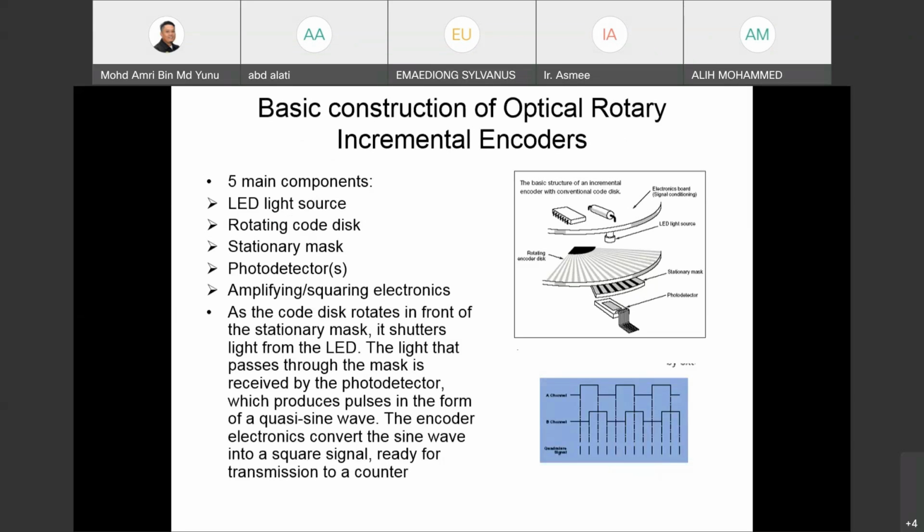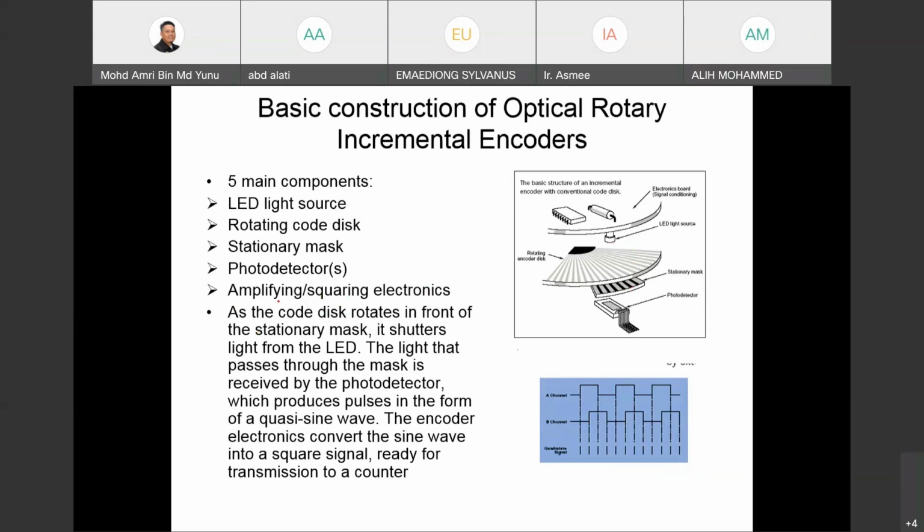The basic construction of an optical rotary incremental encoder has at least 5 components: an LED as a light source, a rotating code disk with an encoded pattern, a stationary mask, a photo detector, and amplifying or squaring electronics.